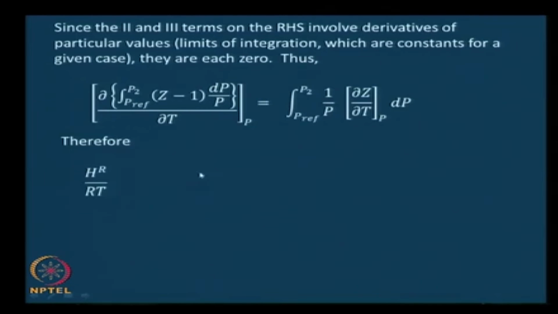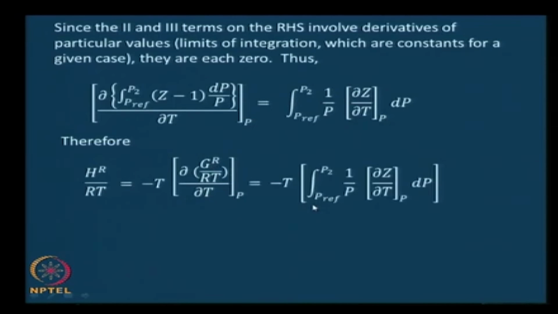Therefore, HR by RT, which is what we started looking at, and we went into all this Leibniz rule business because we wanted to differentiate an integral to get HR by RT from GR by RT. And this is, as we know from the expression earlier, minus T ∂/∂T of GR by RT at constant P, and if we substitute this, we would get minus T times the integral from P reference to P2 of 1/P ∂Z/∂T at constant P times dP.